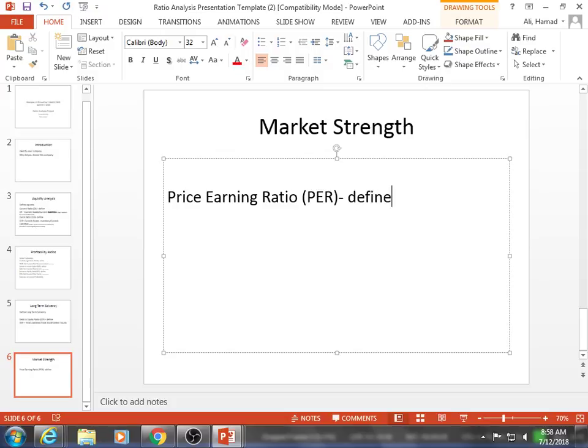PE ratio is equal to market price per share divided by earnings per share, EPS. Market price per share divided by earnings per share.